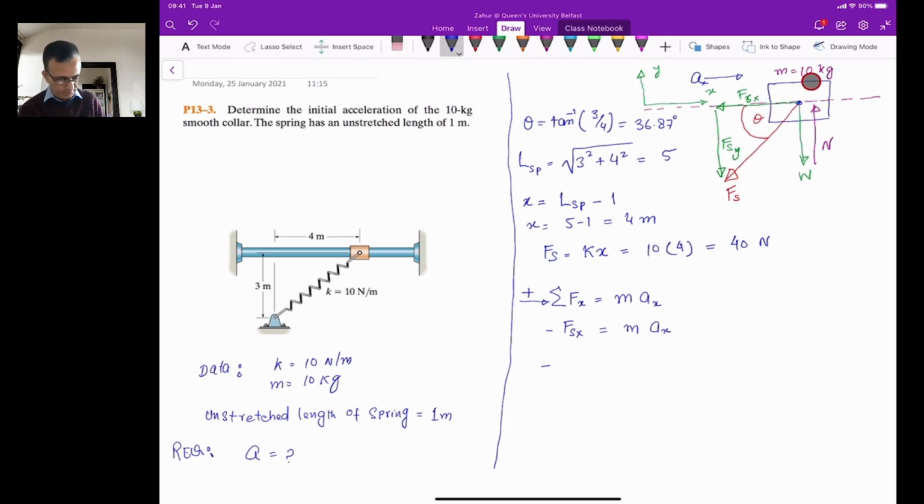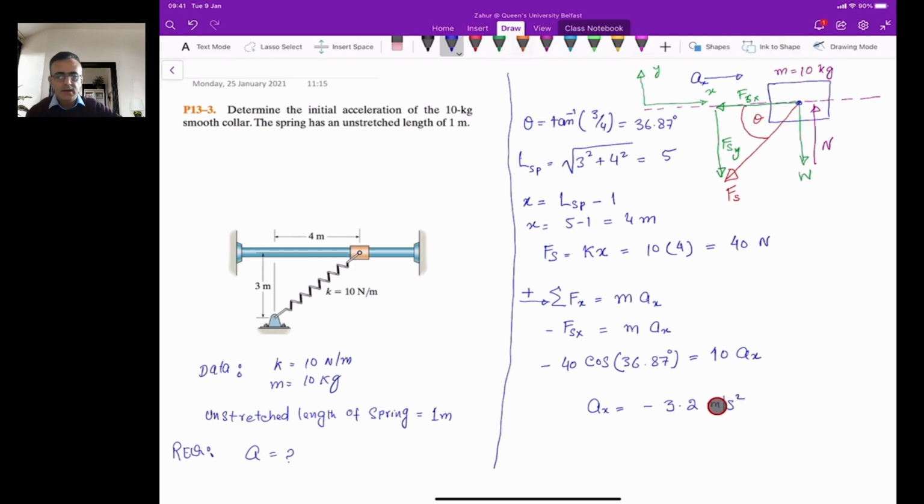So it will become 40 cos of 36.87 equal to the mass, which is 10, times ax. In this equation, the only unknown is ax. So you can calculate ax, which will become equal to minus 3.2 meter per second squared.